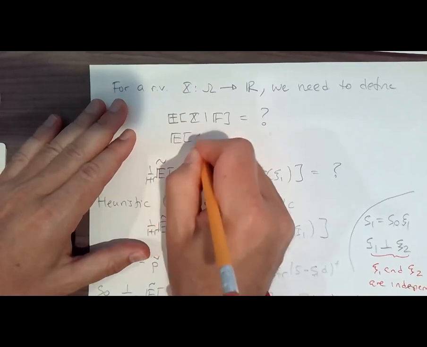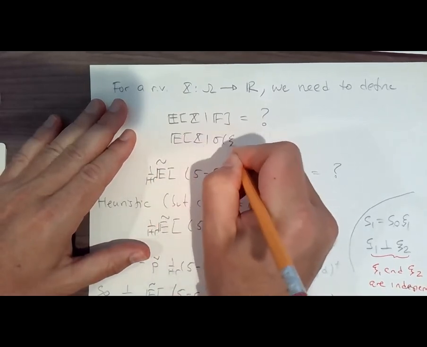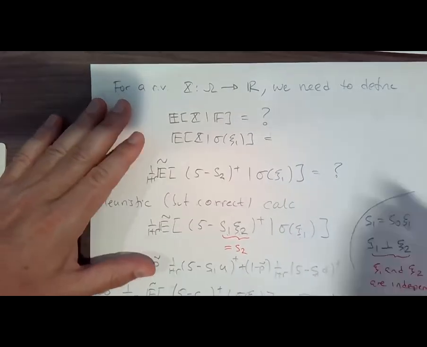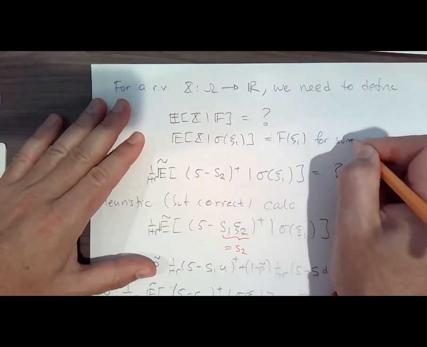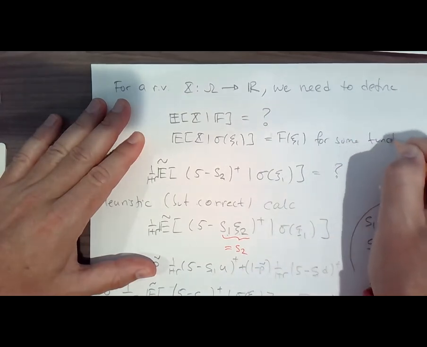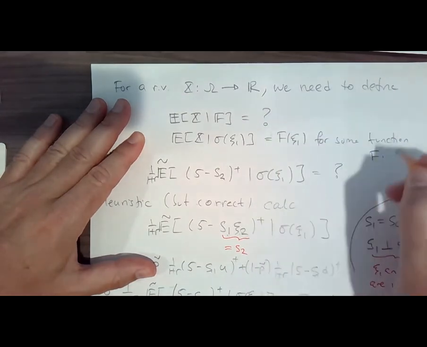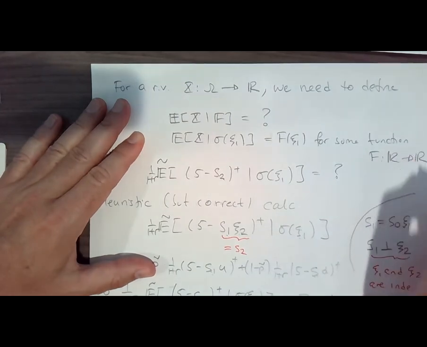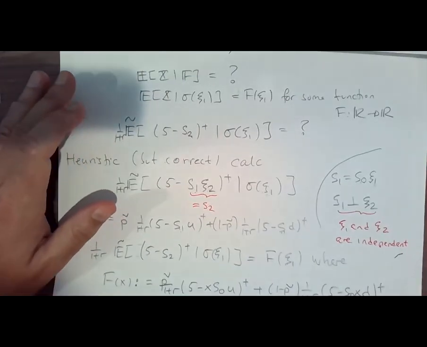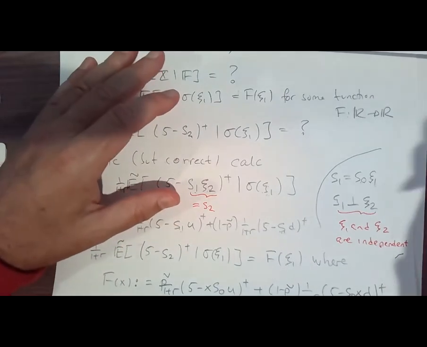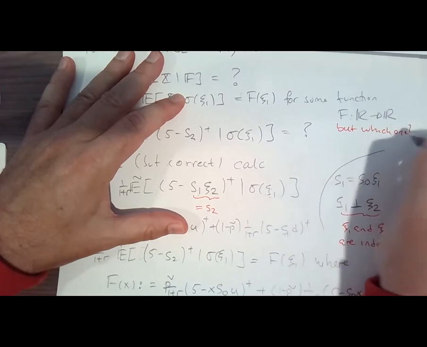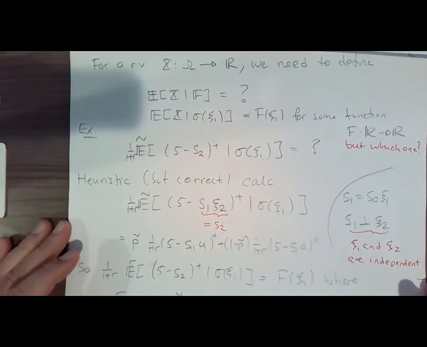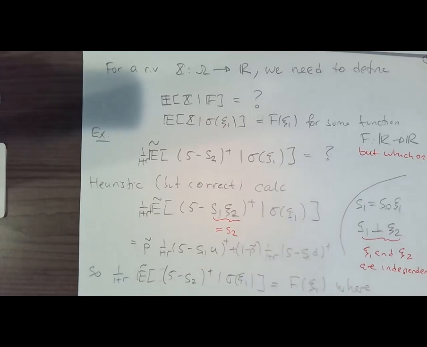If I wrote this as the conditional expectation given psi1, this is equal to a function of psi1 for some function which goes from R to R. But which one? I can see we're more than halfway through. This is what is coming next time.